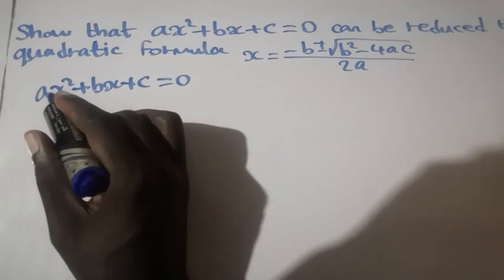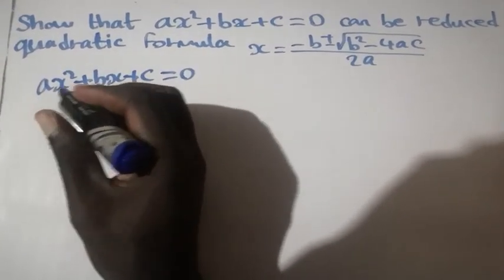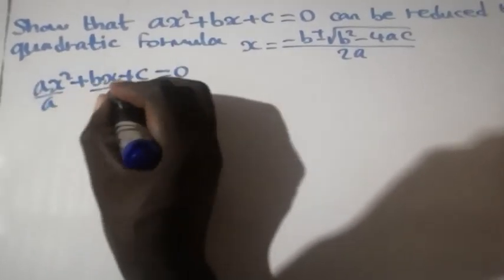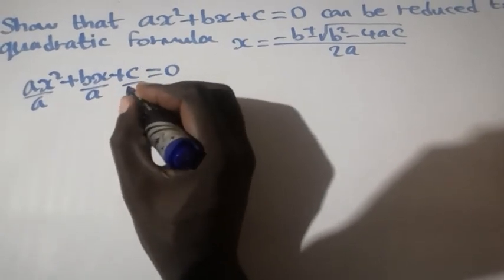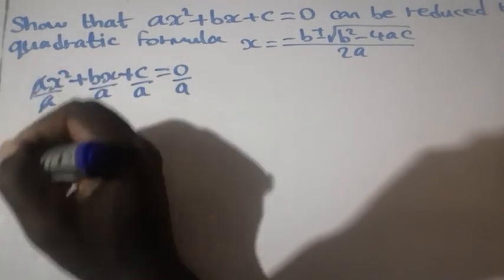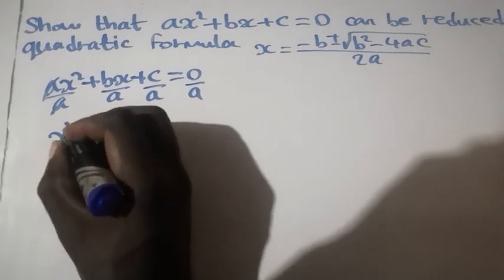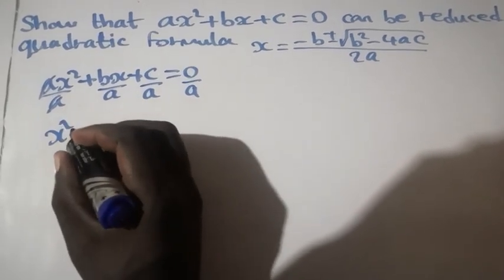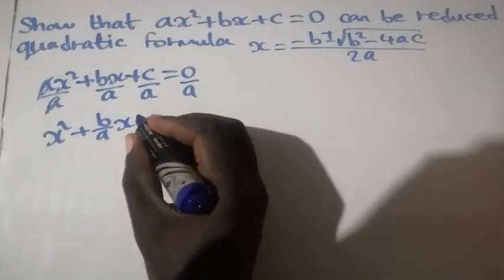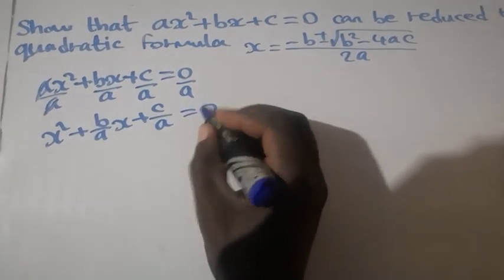Since we have a here, we divide throughout the equation by a, so that this one will cancel. So it will be x squared plus b over a x plus c over a equal to 0.